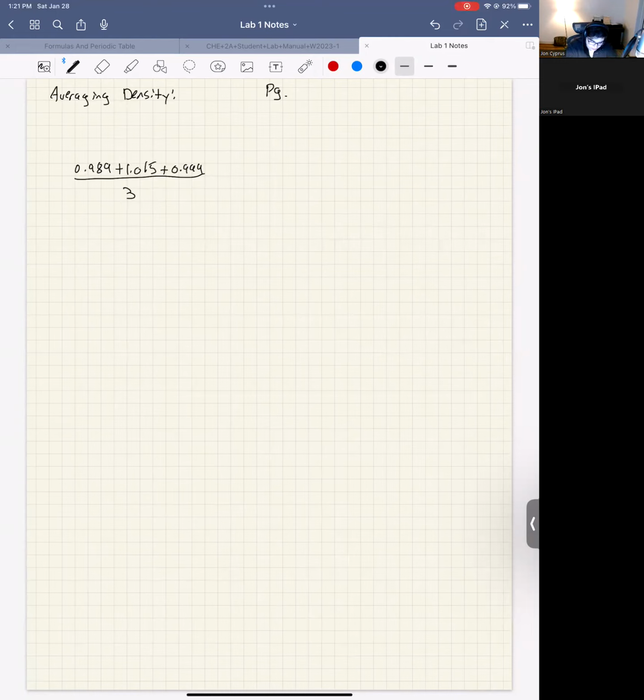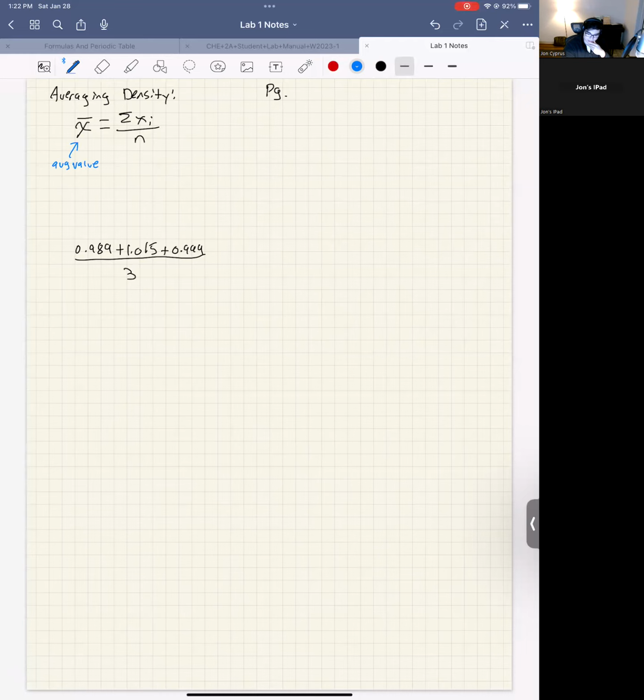On page A33, you have this formula of x bar is equal to the sigma symbol of xi over n. So what this means, for those of you that want to know, is this is your average value of whatever you're measuring or looking at.